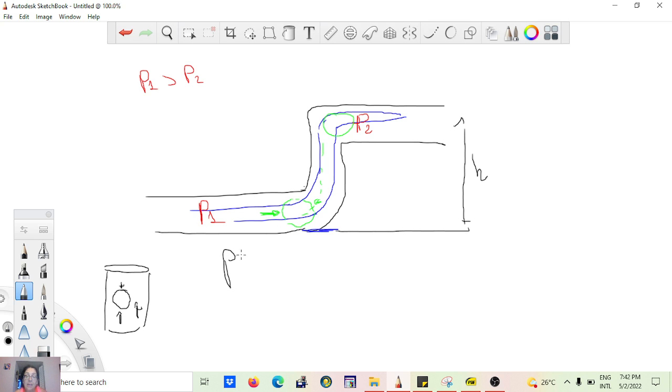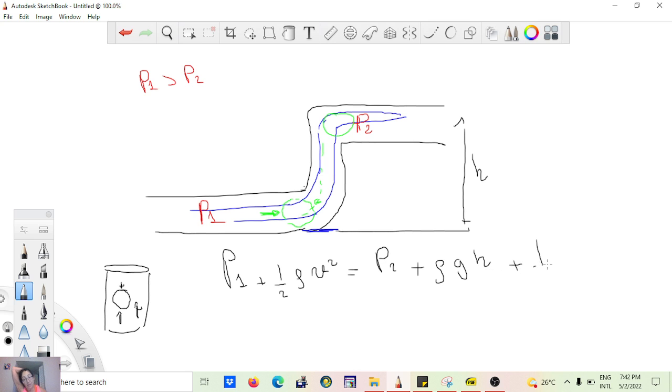So kinetic energy, conservation of energy: it's going to have P1, let's say the potential energy here is 0, plus 1/2 rho v squared, maybe the flow is steady so it's going to be the same kinetic energy. It's going to be P2 plus rho g h, right?